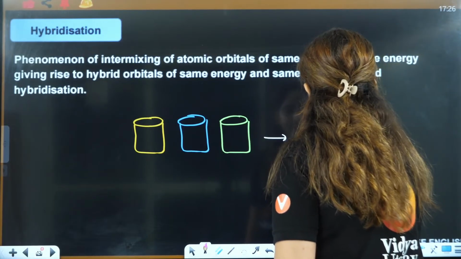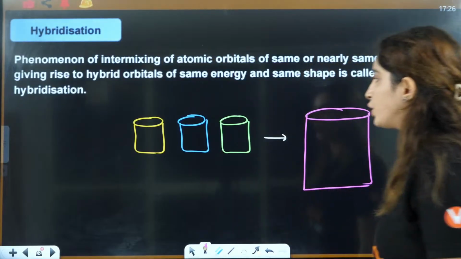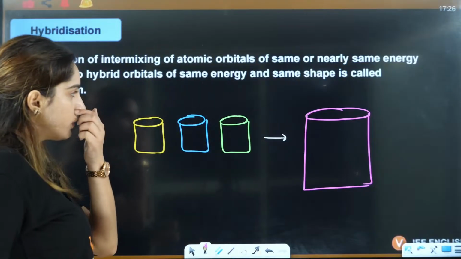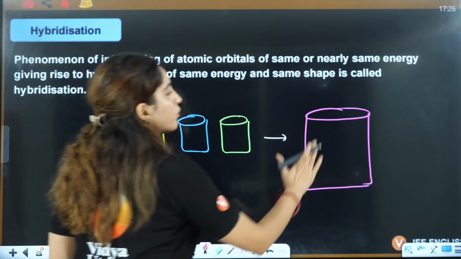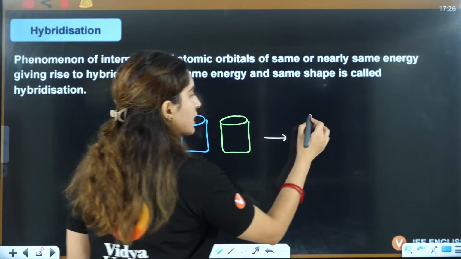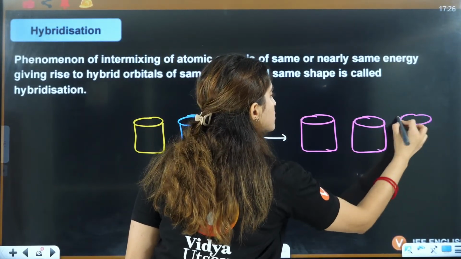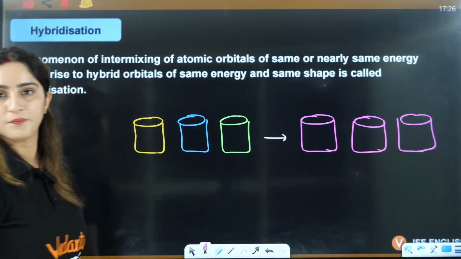Now instead of making one, you divide it into 3 same buckets. Now you have 3 same buckets of pink color, right?